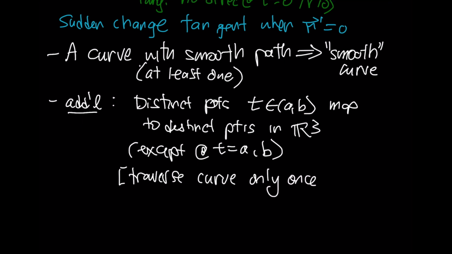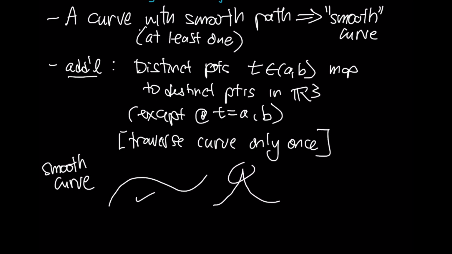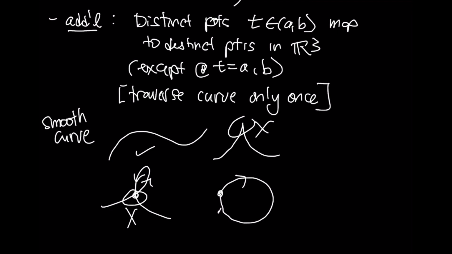So if you're talking about a smooth curve, we're talking about things with nice, well-defined tangents. We do not have cusps. Those correspond to spots where the derivative vector is 0. Things with loop-de-loops are no good because there are two different times at which you can get to that point. And closed curves like this are okay because you could possibly repeat yourself at that endpoint only once.